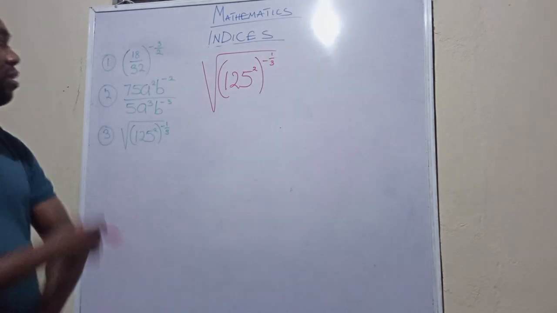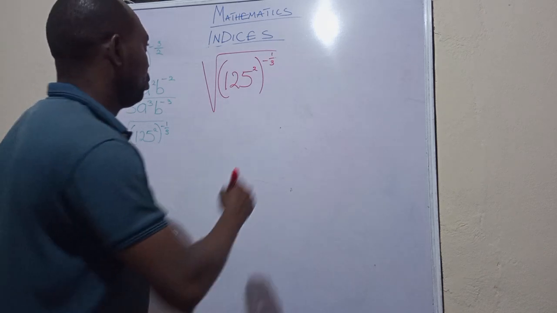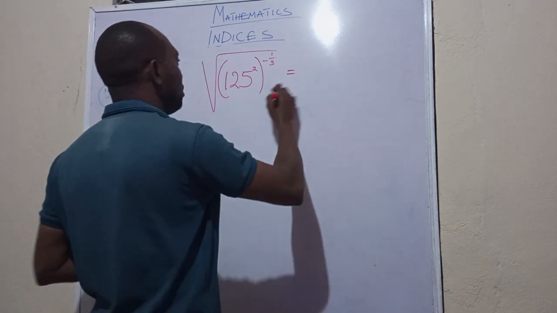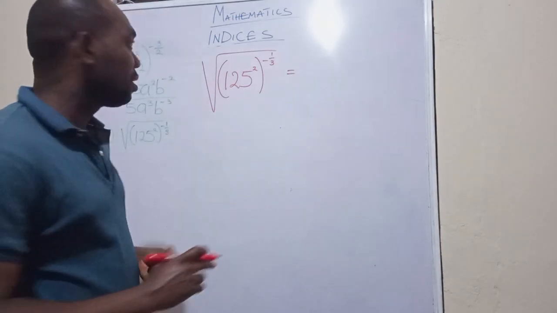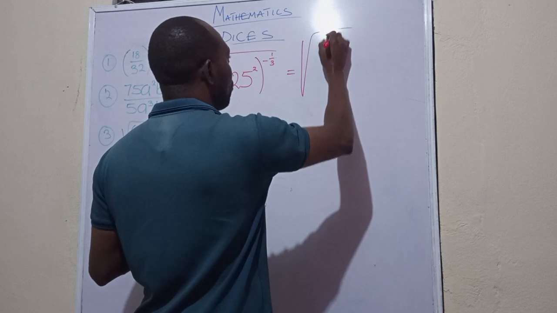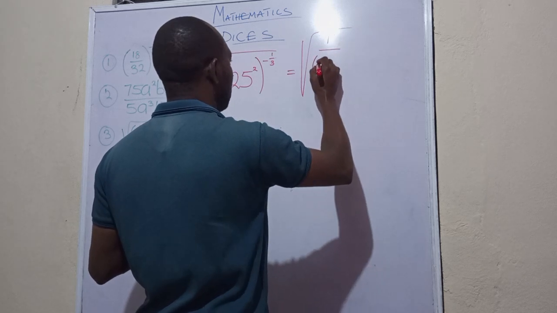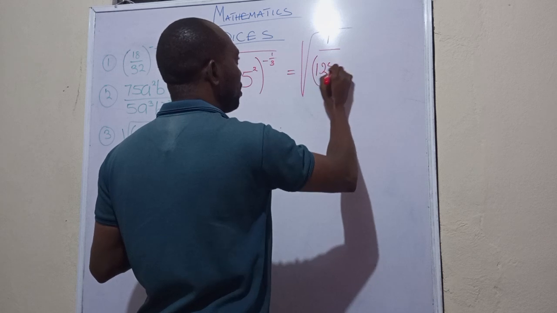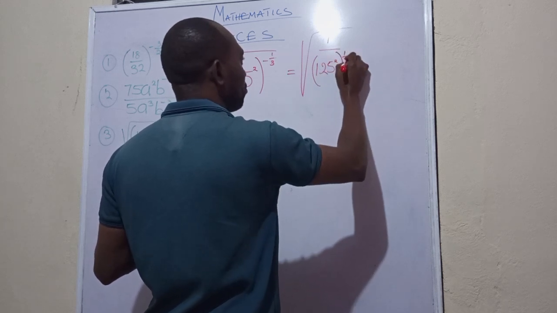So first, what we're going to do is look at the reciprocal, which is the minus sign, which is now going to give the square root of 1 all over, open bracket, 125 raised to the power of 2, all raised to the power of 1 over 3.